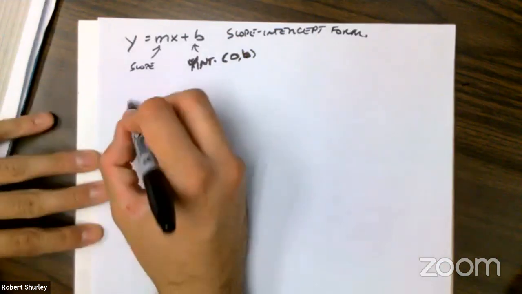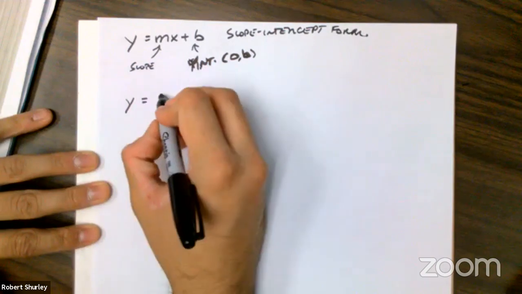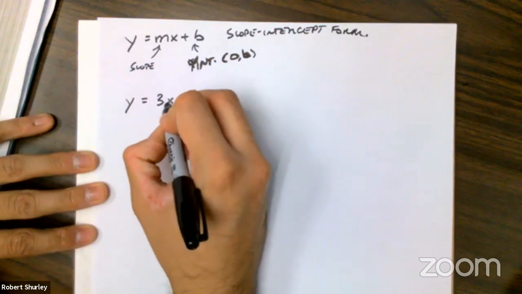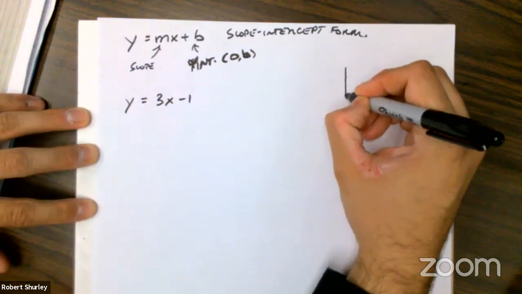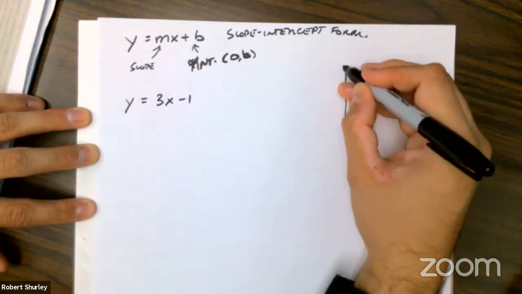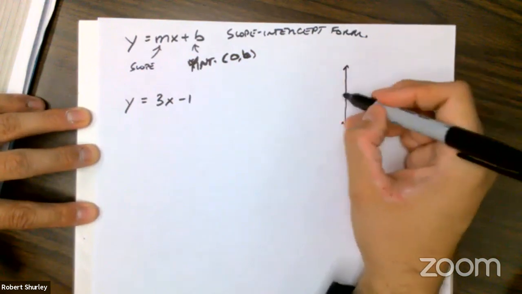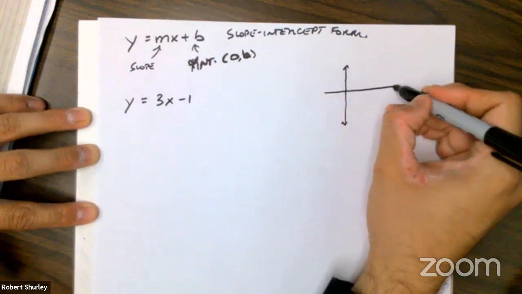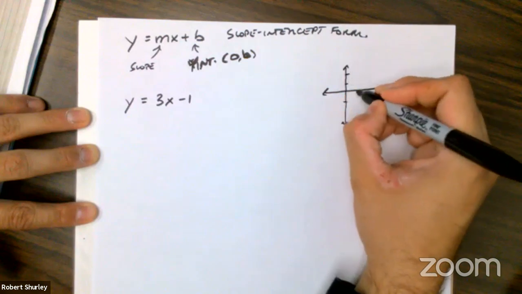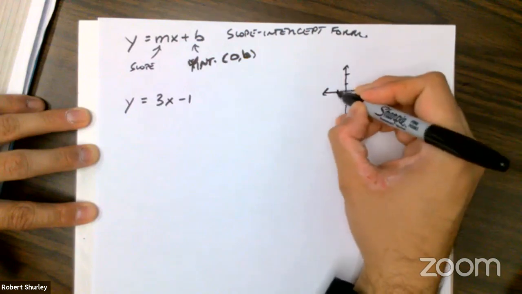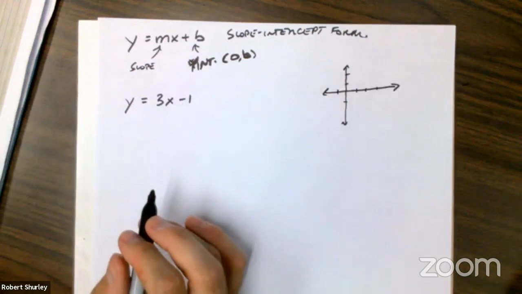So if we wanted to look at graphing one of these, if we had y equals, let's say, 3x minus 1, and we wanted to graph it, this should be a nice basic review. If I wanted to graph this, it tells me exactly what to do.